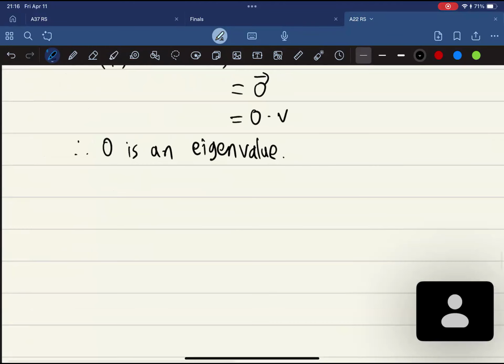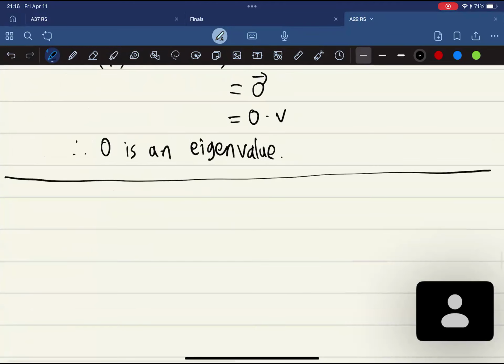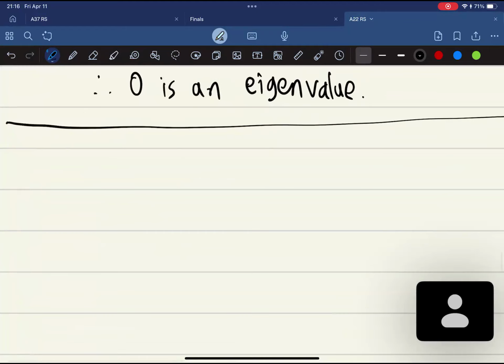So for the second question, we'll just need to come up with one counterexample.